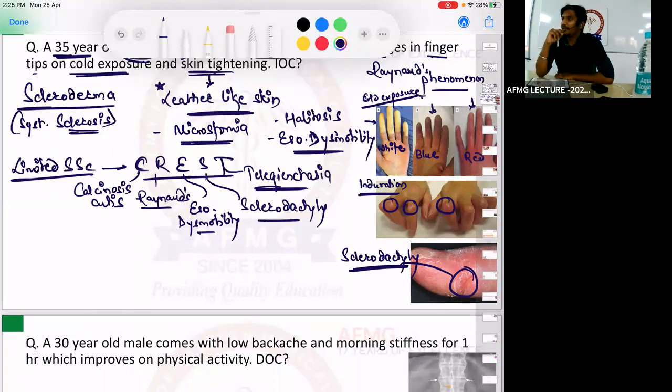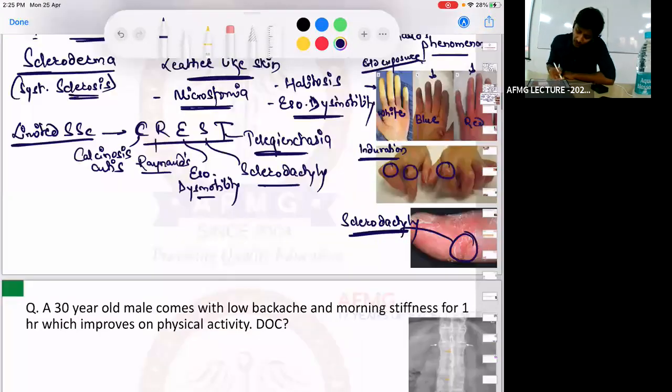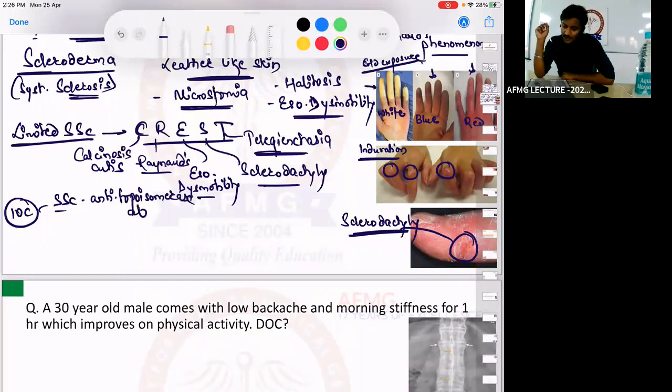Now, once you have made a suspicion that the patient is having systemic sclerosis or limited sclerosis, the investigation of choice would be antibodies, right? So, the investigation of choice for systemic sclerosis is anti-topoisomerase.